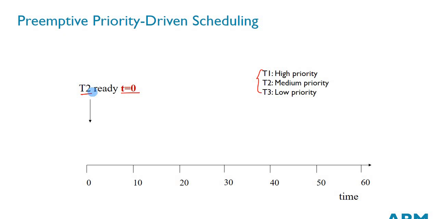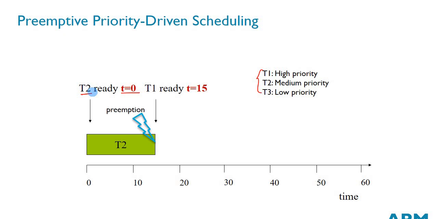So T2 will get to run, and at some point T1 will become ready. When T1 becomes ready, there will be a preemption and you will switch over to T1. The higher priority task gets to run until some point, whether it completes or goes to some blocked state, and then eventually T2 can carry on.